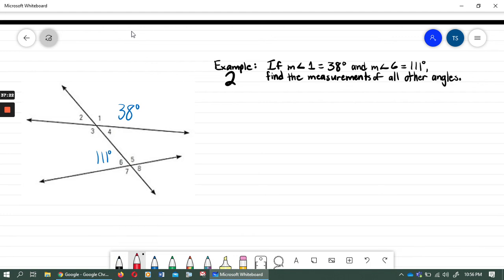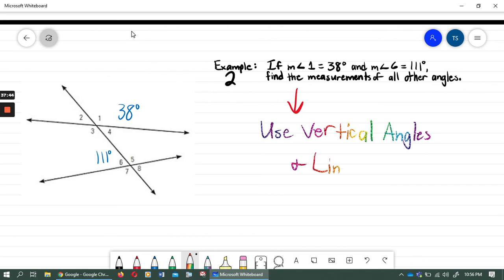Remember, you can use the linear pairs and vertical angles, and that's what you'll have to do here. You have to use vertical angles and linear pairs to do this.